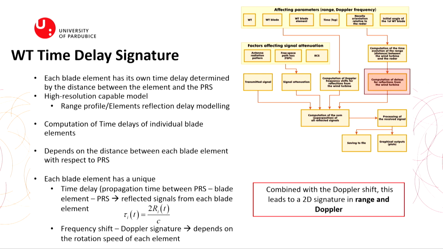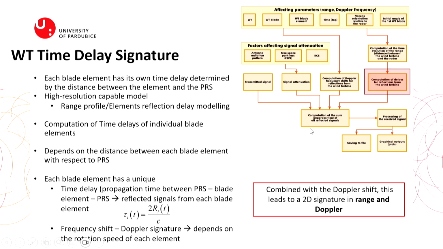Then the wind turbine time delay signature. Each blade element again has its own time delay. It is clear: if it has a different range, then it has a different time delay, because range and time are connected through speed of flight. So, computation of time delays of individual blade elements.